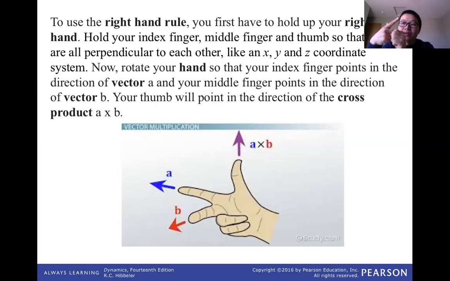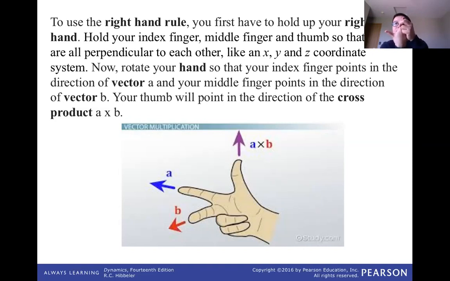If you are doing first vector cross second vector, in this case a cross b, then the thumb will be in the direction of the cross product a cross b. In our case we have omega cross r.